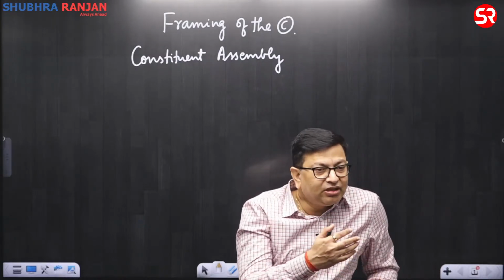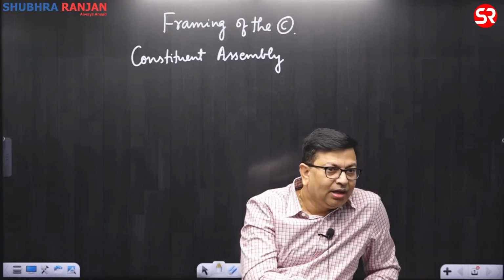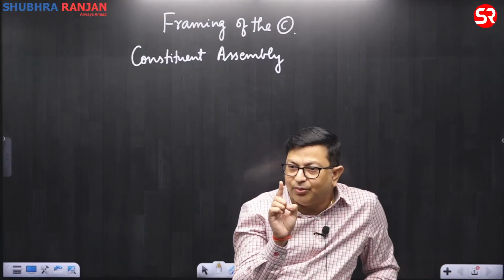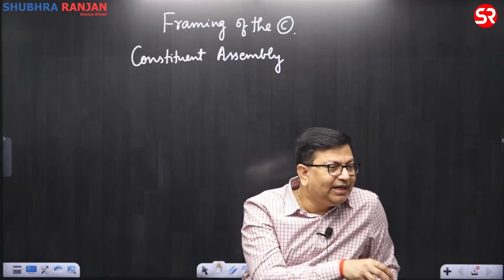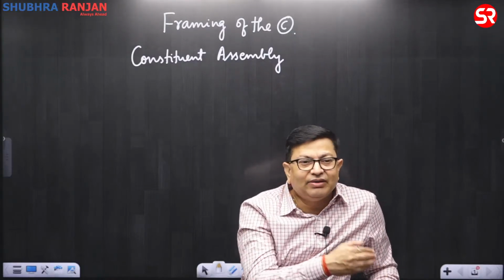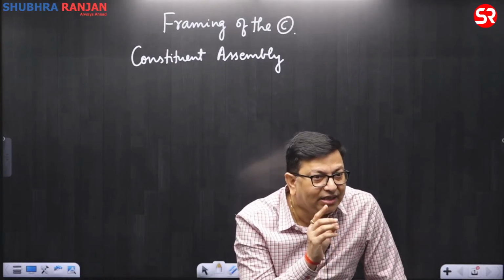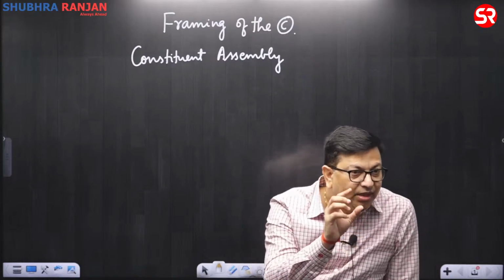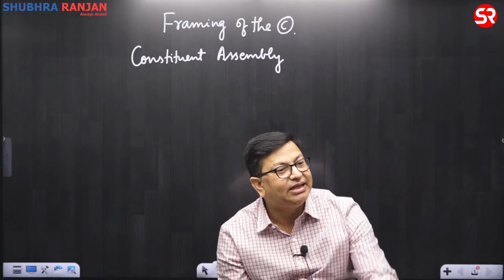So the members of the Constituent Assembly were not directly elected by the people, but by the members of the provincial assemblies, just as in modern times we elect the members of the Rajya Sabha, that is our MLAs elect our representatives. Similarly, the members of the Bombay Provincial Assembly elected their representatives.